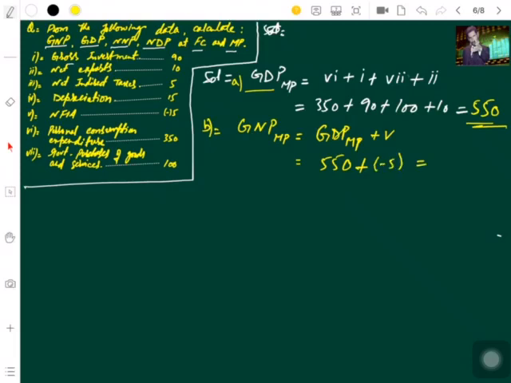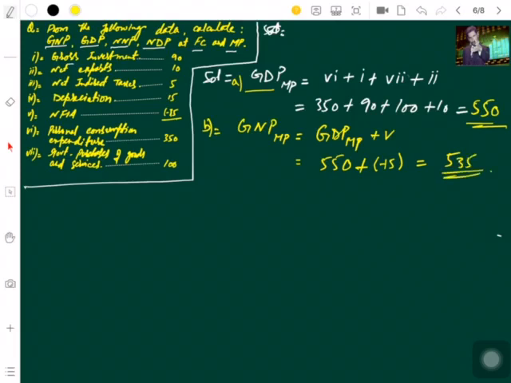So the answer will be 5. Do we have 5 or 15? It's 15, which is equal to 535 crores.